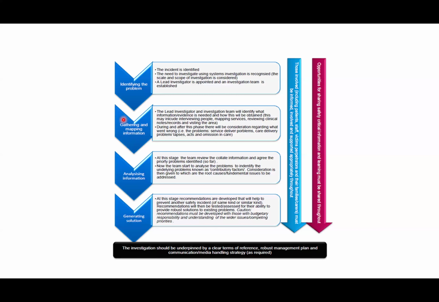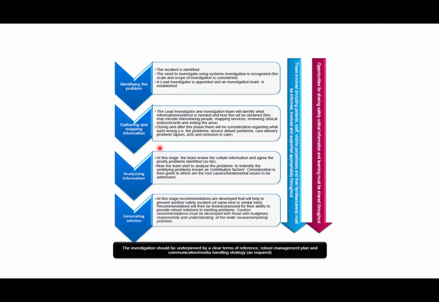Then information gathering. So information gathering will be, we discussed pre-op, intra-op, post-op, everything. This will be obtained by interviewing people, mapping services, reviewing the clinical notes, records, and visiting the area. So checking the operating notes, the drug chart, everything is important.